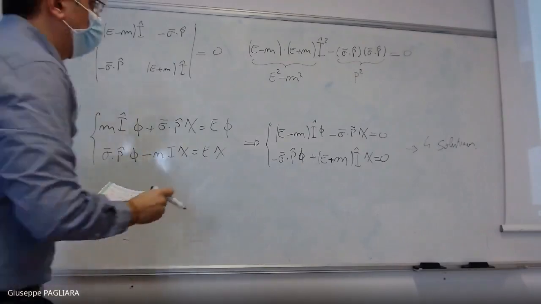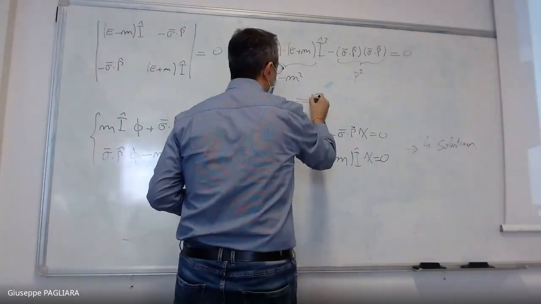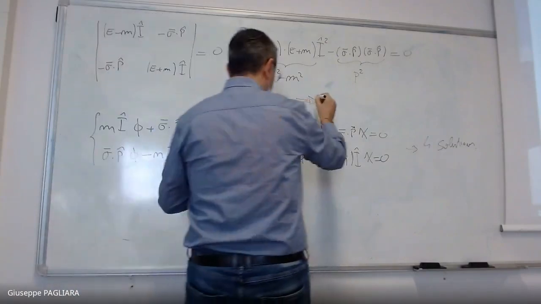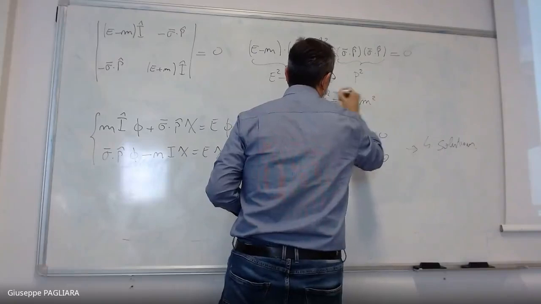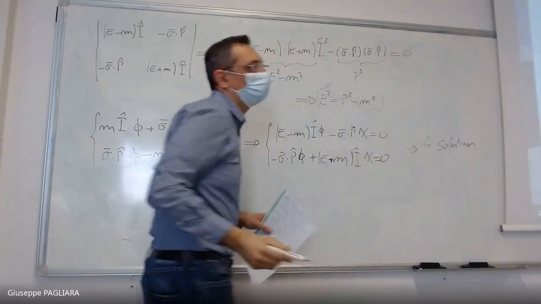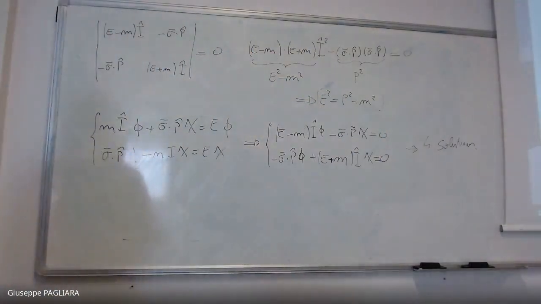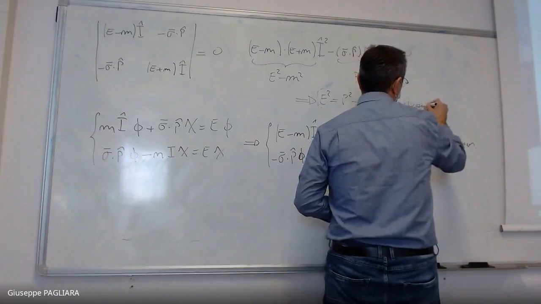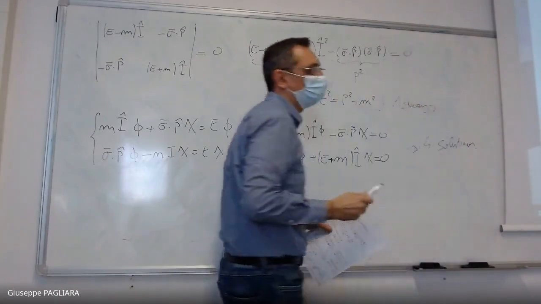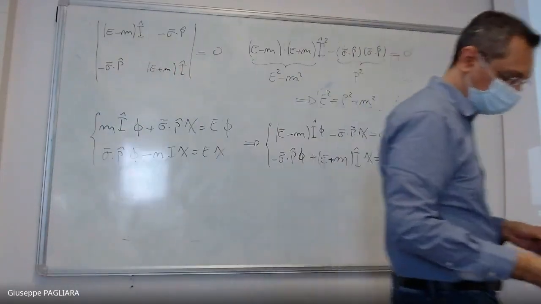So overall, what we found is that the system admits non-trivial solutions if E squared is equal to p squared plus m squared, which is our beloved energy-momentum relativistic relation, which is always fulfilled. So this system always admits non-trivial solutions.